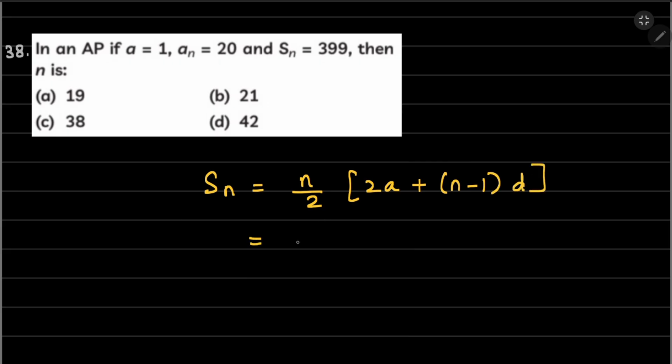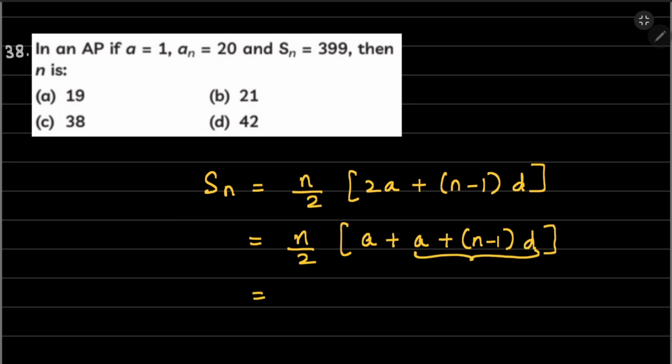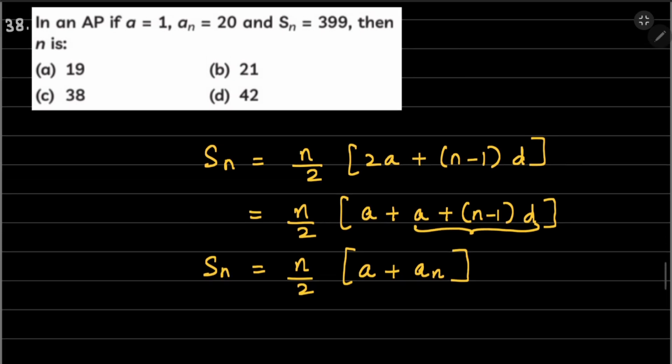Here I can write n by 2 into, this 2a, I can split it up and write a plus a plus n minus 1 into d, right? And this a plus n minus 1 into d, I can write it as n by 2 into a plus a n, the nth term. So let's just substitute all of it.